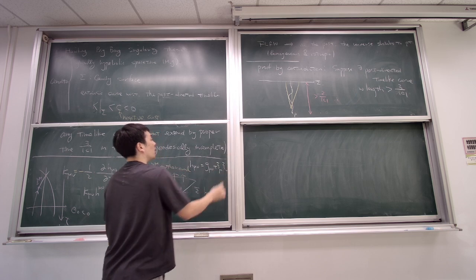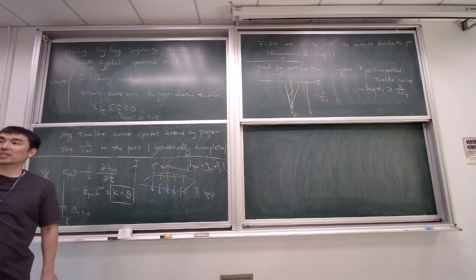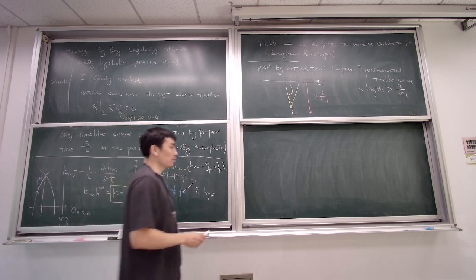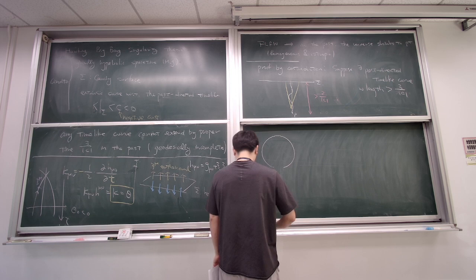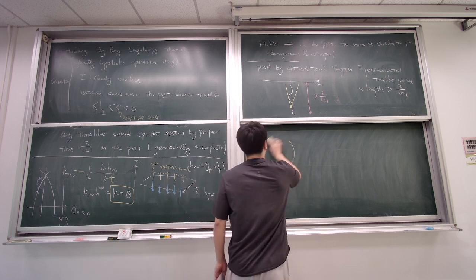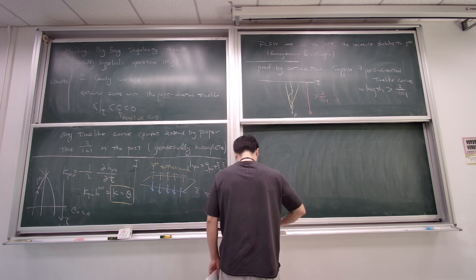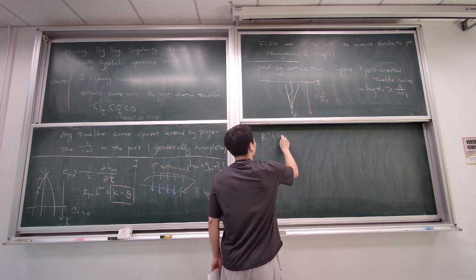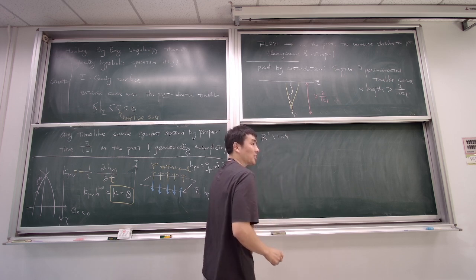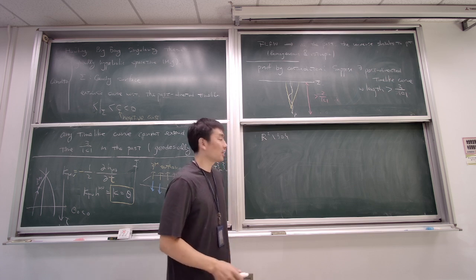For instance, a Euclidean example is R2 minus 0. This is also geodesically incomplete.